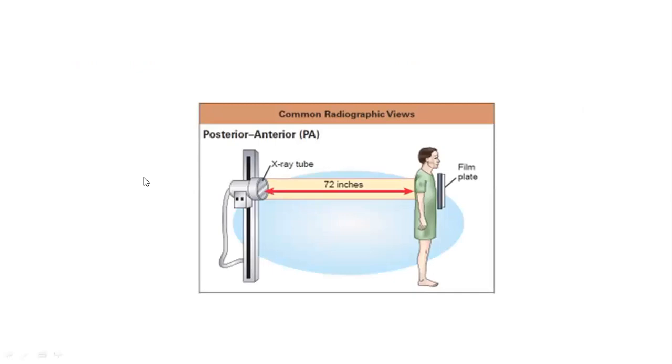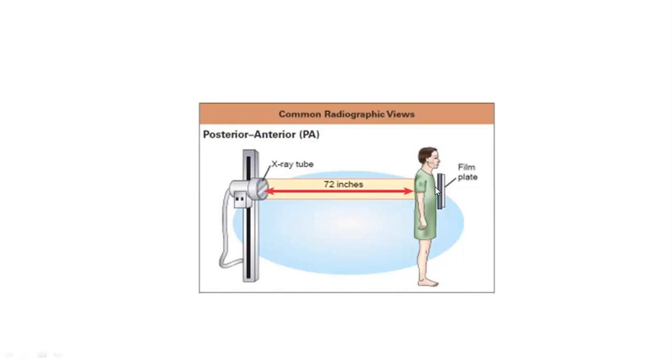Look at this image. Here is the X-ray machine, the X-ray tube. The beam of X-rays passes from behind, the posterior aspect of the patient, and the film plate is on the anterior aspect of the patient.